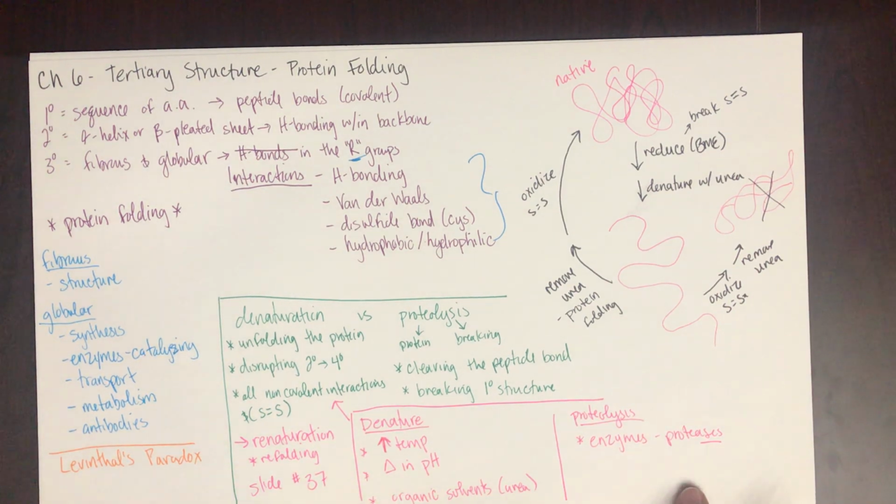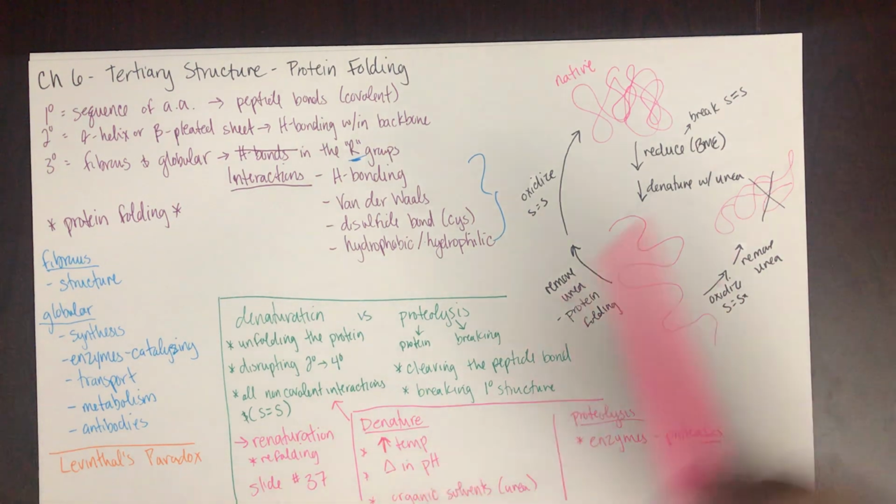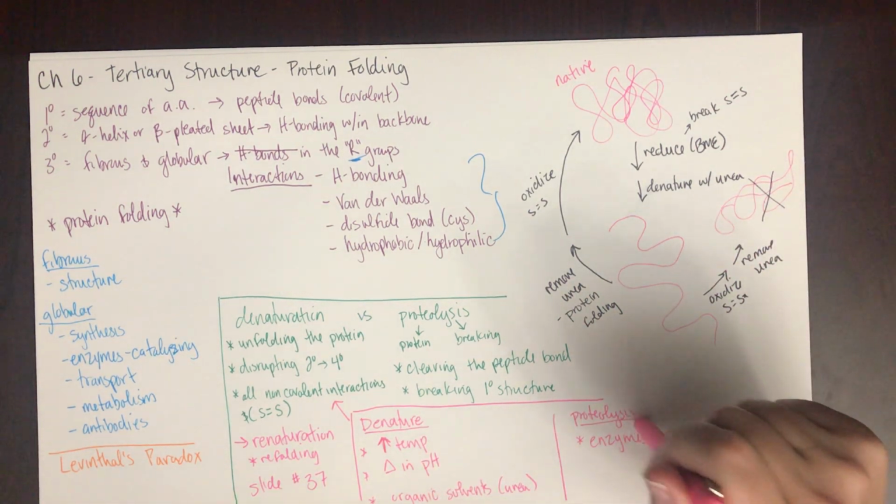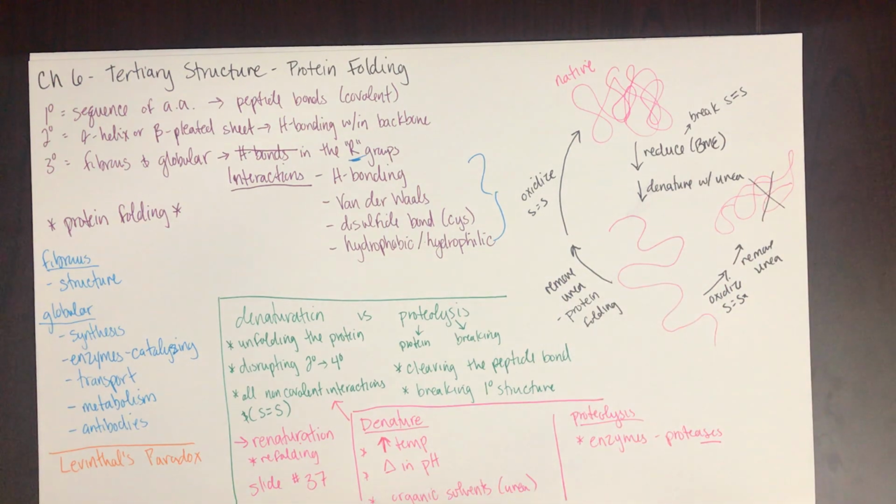So there's a difference between denaturing a protein and proteolysis, which is cutting that backbone by breaking that peptide bond. There's lots of examples in the textbook and in the PowerPoint lecture. We are going to spend a lot of time talking about enzymes and proteolysis later, so we don't really need to spend a lot of time on that here in this chapter.